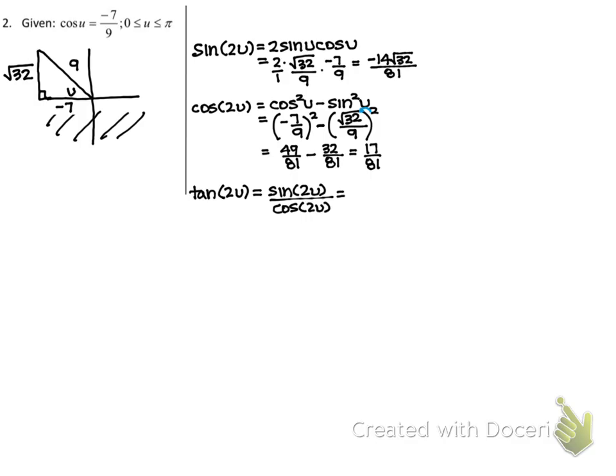And I noticed that the denominators on both of those are going to be the same, so that when I pull them together, they're going to cancel. So I'm going to have -14 root 32 over 17. So remember, the first part comes from the sine 2u.